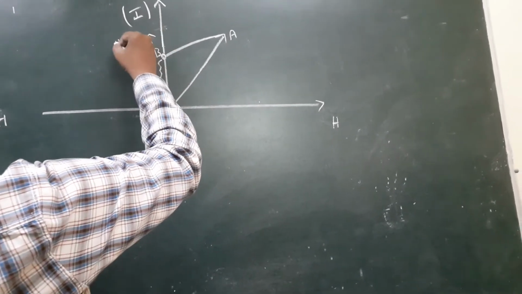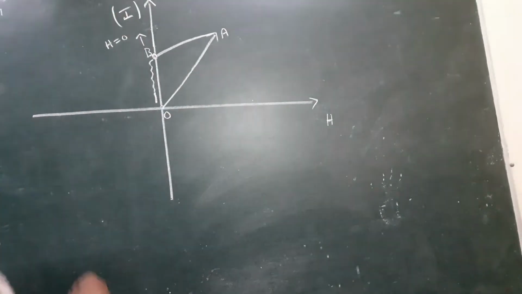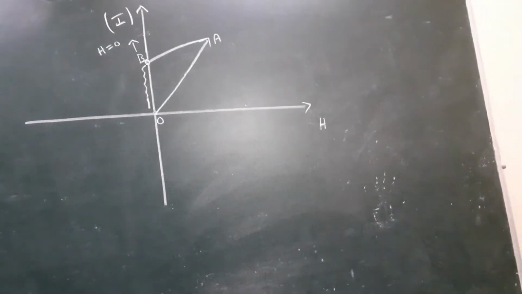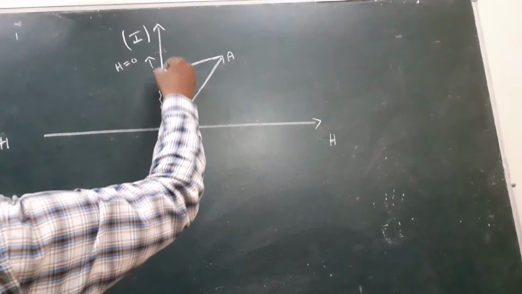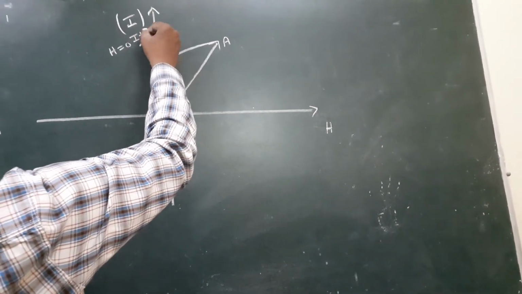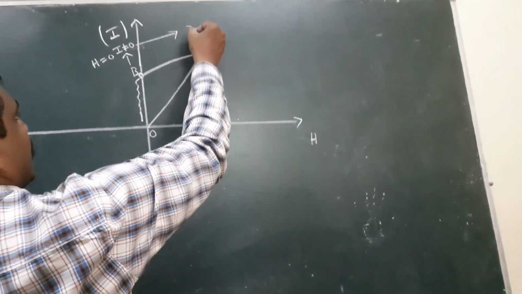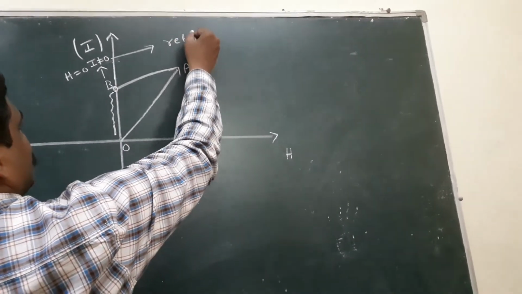Here the H value becomes 0 because we are on the y-axis. On the y-axis x becomes 0, that is H is 0, but here the I value is not 0. The value of I is called retentivity.